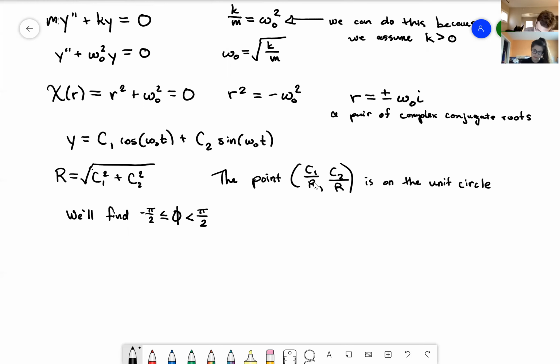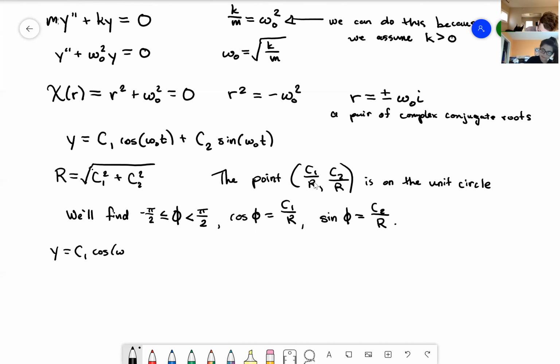So we'll find this phi between -pi over 2 and pi over 2, such that cosine of phi is equal to C1 over R, and sine of phi is equal to C2 over R. Now this allows us to rewrite y.